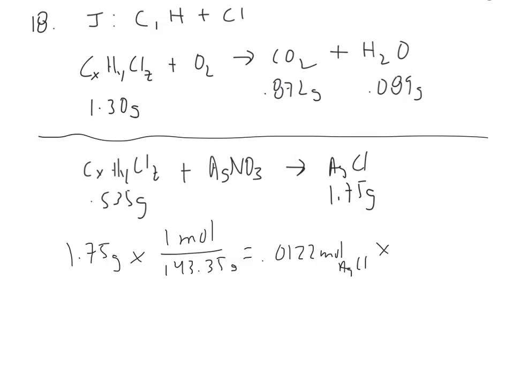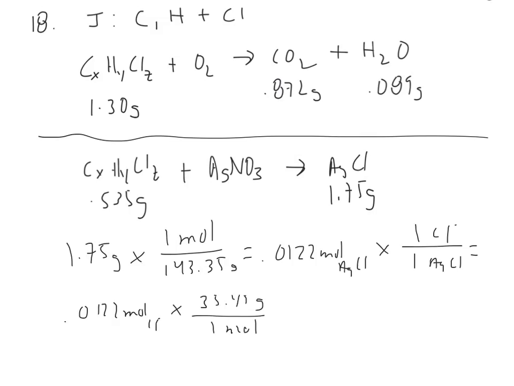And then I look and see that that means I get 1 chlorine ion from every AgCl formula unit. So I have 0.0122 moles of chlorine. Go ahead and multiply that by the 35.45 grams per mole, and I get 0.433 grams, and this sample was only 0.535.